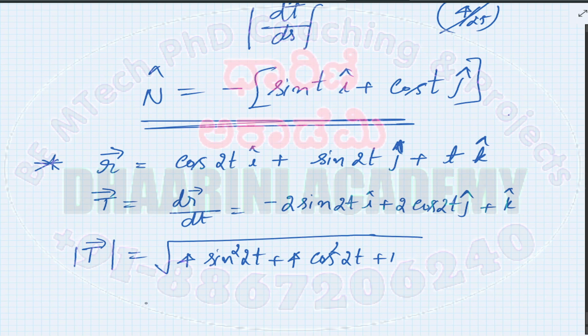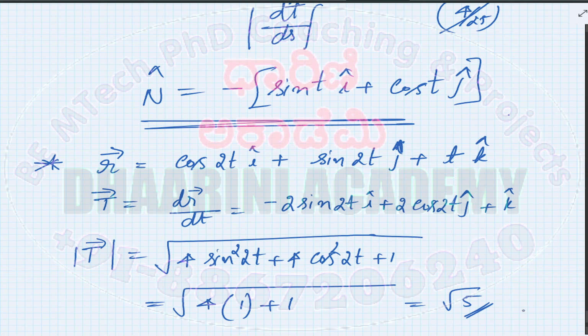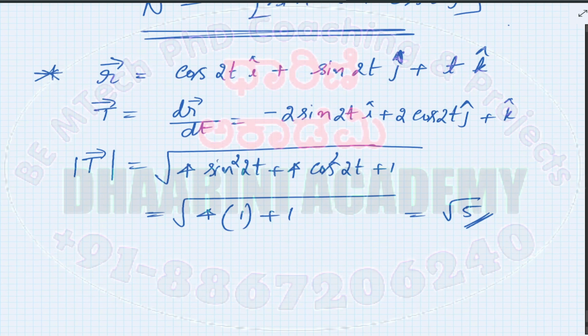Correct? So you can see this now, this is under root 4 into sine square plus cos square is 1, plus 1. So the magnitude of t is equal to root 5. Okay, so we got that now.